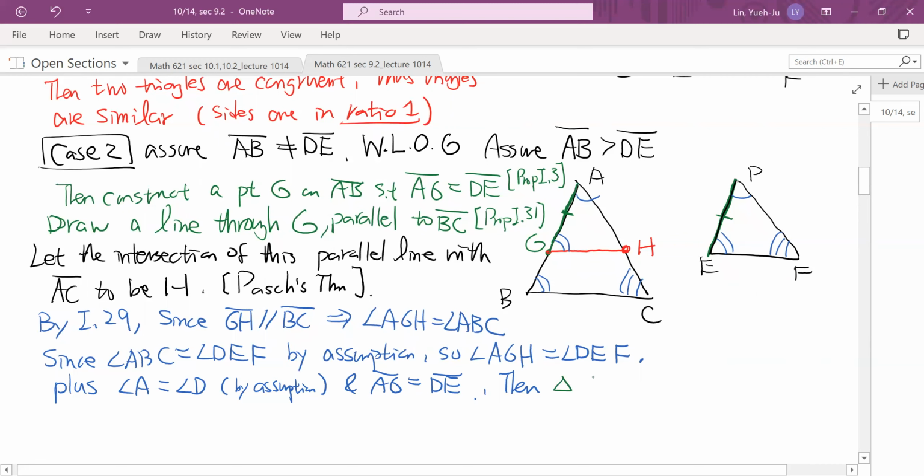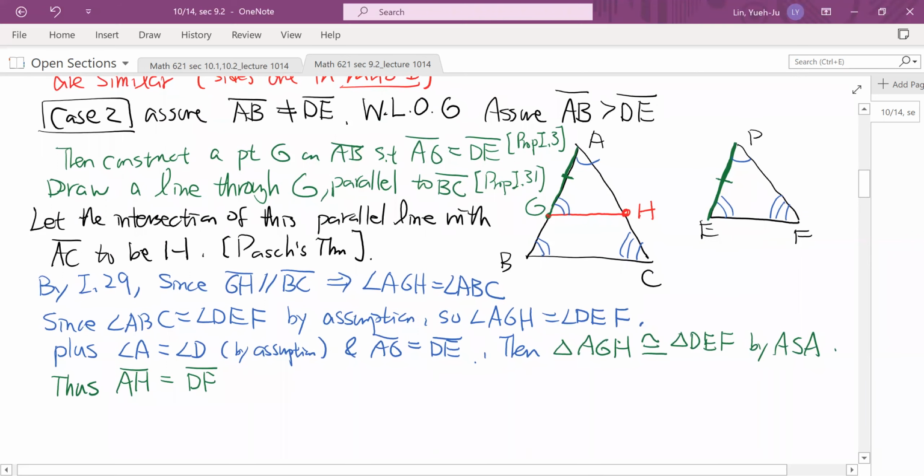So now this smaller triangle AGH is congruent to DEF by ASA. That's the intermediate step. Because the two triangles are congruent, the other side AH is equal to DF. We need this later on.